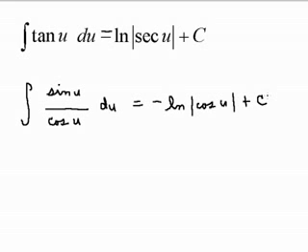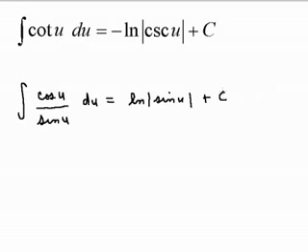And so we're able to use the formula for integration for logarithms, and we get that the integral of tangent u du is negative the natural log of cosine of u plus a constant. And we can just remove that negative sign by bringing it up as a power. Cosine of u to the negative 1 is secant of u. So we can write that the integral of tangent of u du is the natural log of secant of u plus a constant.